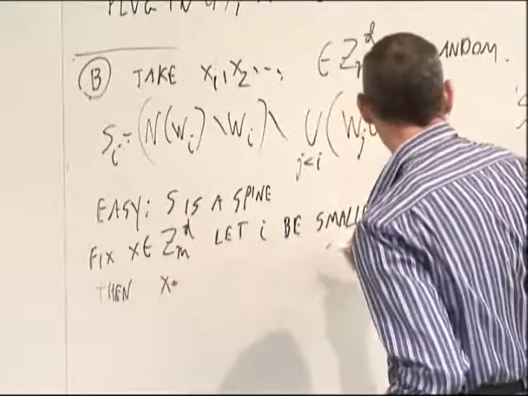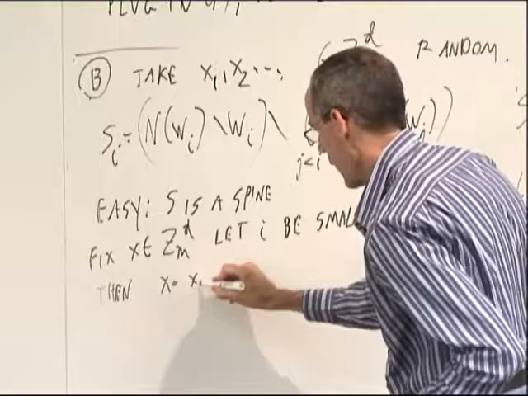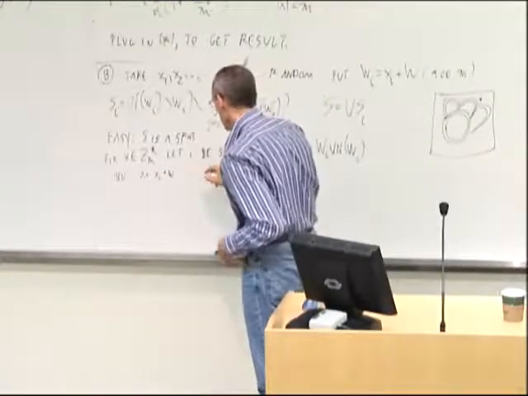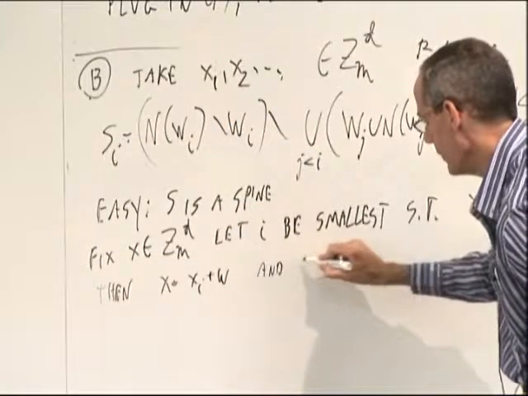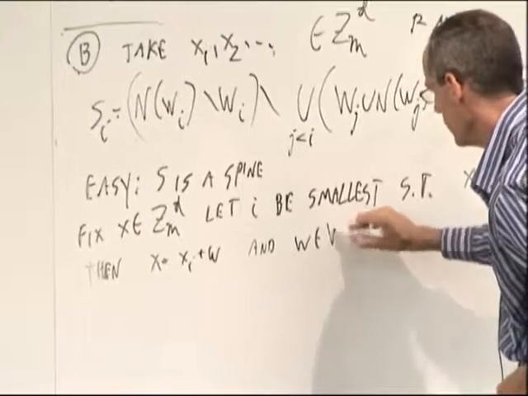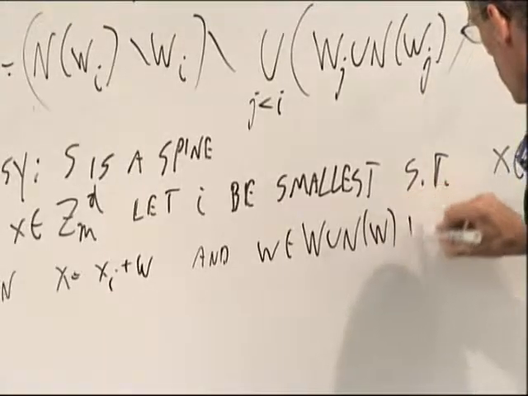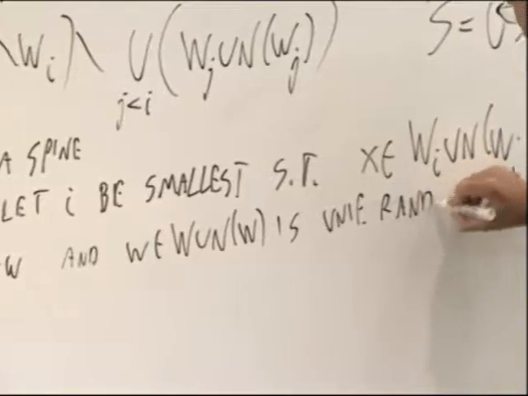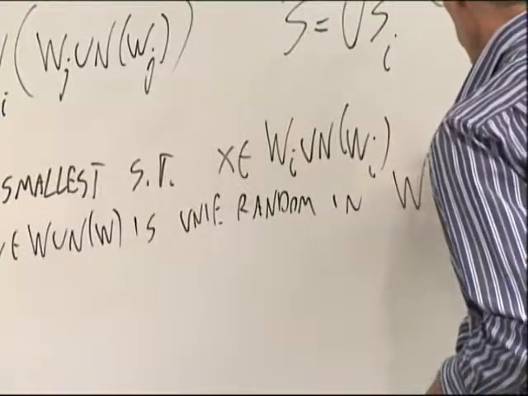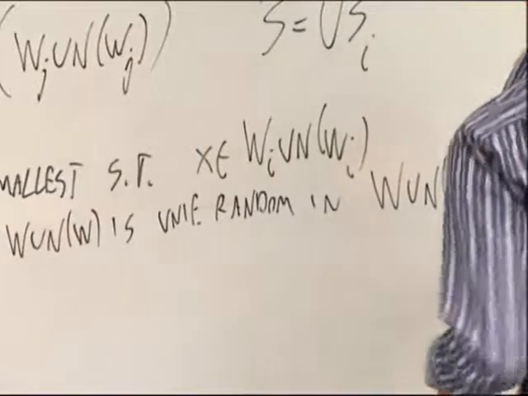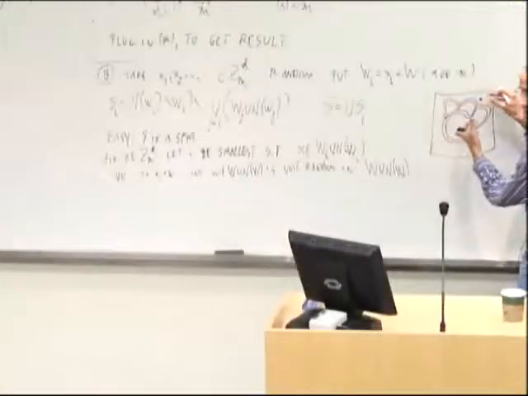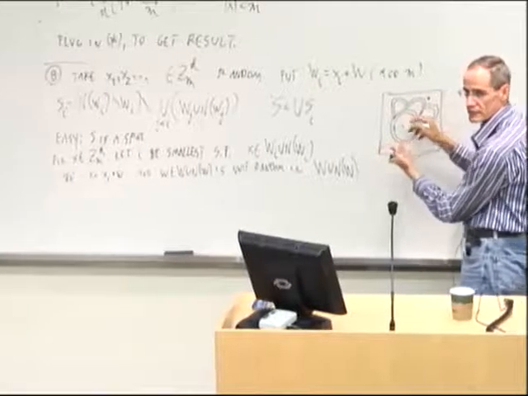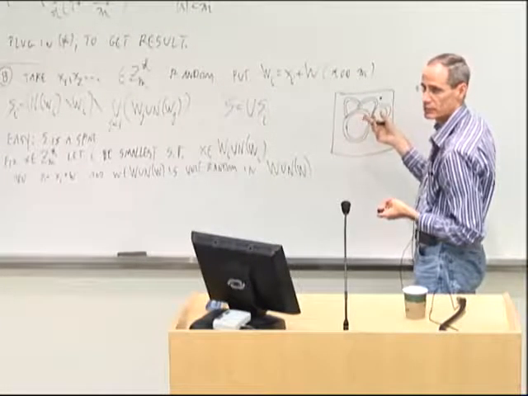X is equal to Xi plus W, right? Because these are the points of Wi. And W in W union NW is uniform random in W union N of W. Namely, by the time this point will be covered by some shift of this, it can be covered by any point of this, and it's equally likely to be covered by any point.